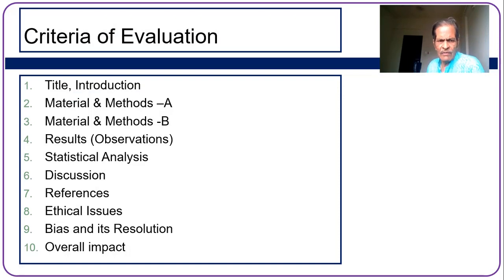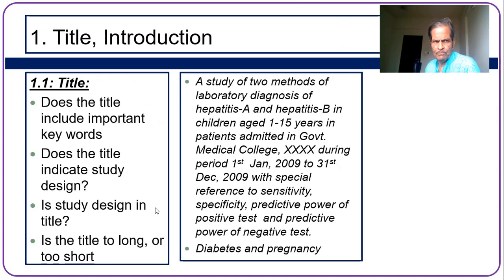So these are the criteria for evaluation of the journal article: the title and the introduction, the material and methods, then the results or the observations, the statistical analysis, the discussion, the references, the ethical issues involved in the subject matter, the bias and its resolution, and overall impact of the article. So let us discuss these one by one.